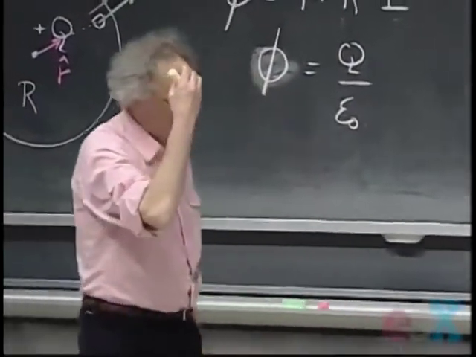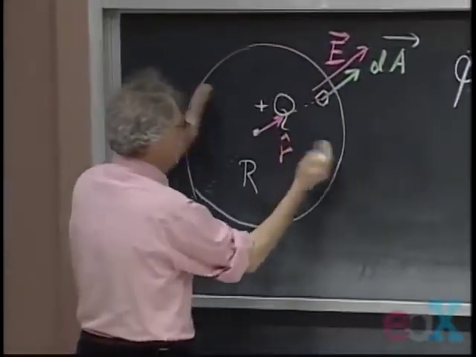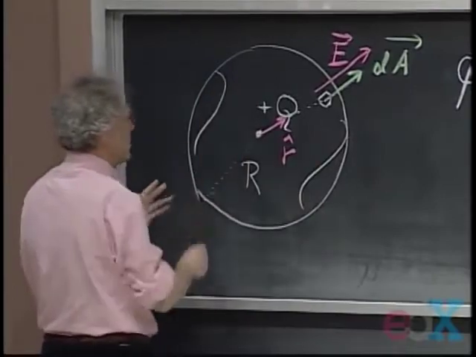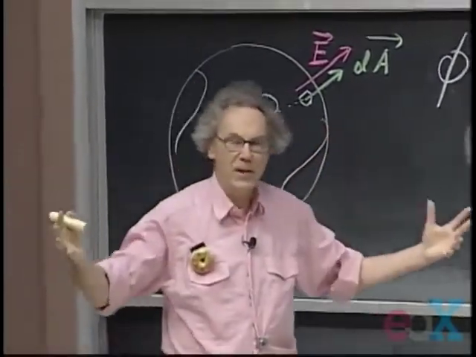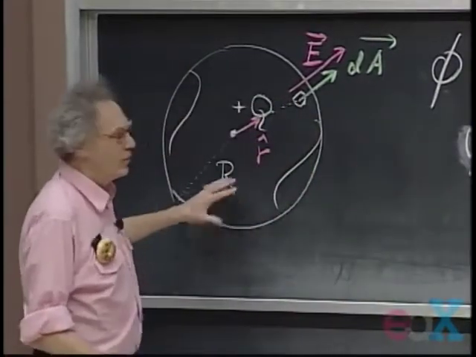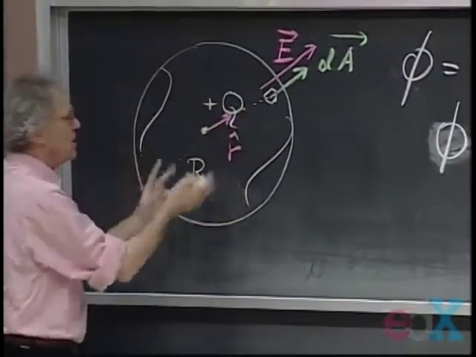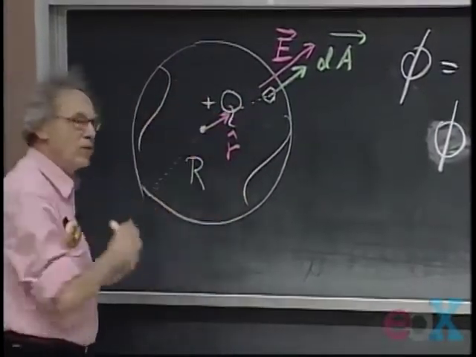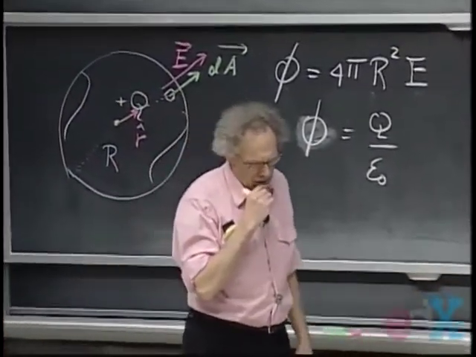Now, if I had chosen some other shape, not a sphere, but I have dented it like this, it's clear that the air that flows out would be exactly the same. And so I don't have to take a sphere to find this result. I could have taken any type of strange closed surface around this point charge, and I would have found exactly the same result.